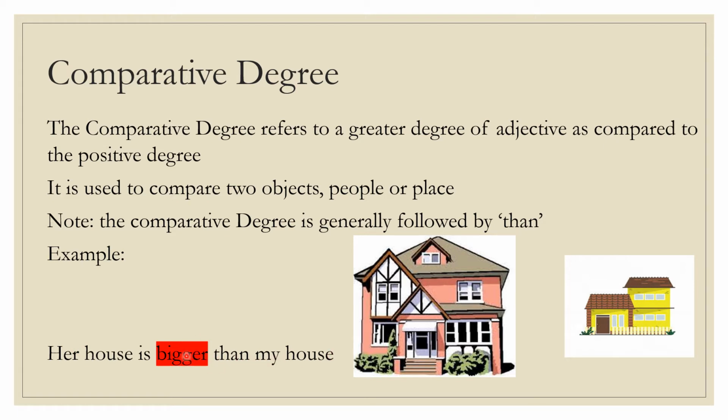So bigger is the adjective in the comparative degree. It compares two objects. So here it is comparing two houses. Bigger than, and the comparative degree bigger is followed by than. So bigger, the highlighted word bigger, is an adjective in the comparative degree.